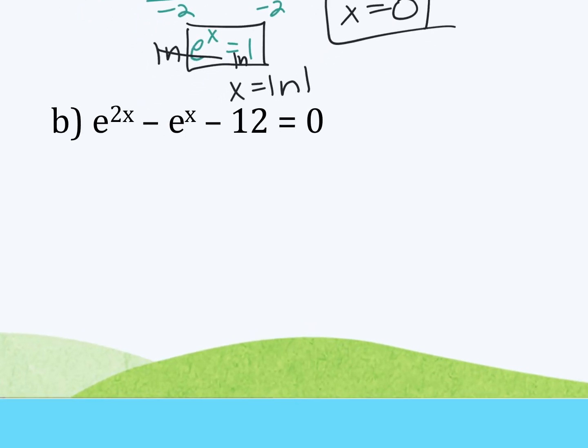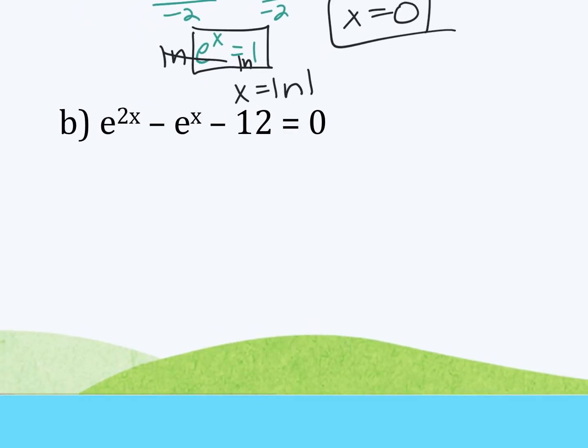Okay, so B is a little bit different. B is actually a factoring statement disguised as e's. So what we can do here, you have basically 2 options. One is to substitute another variable, let's just say A, for my middle term. I would get A squared minus A minus 12 equals 0.